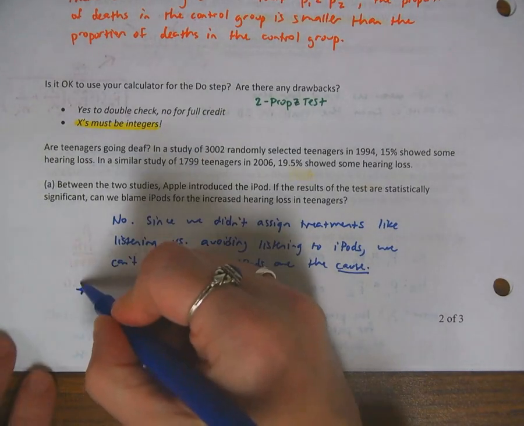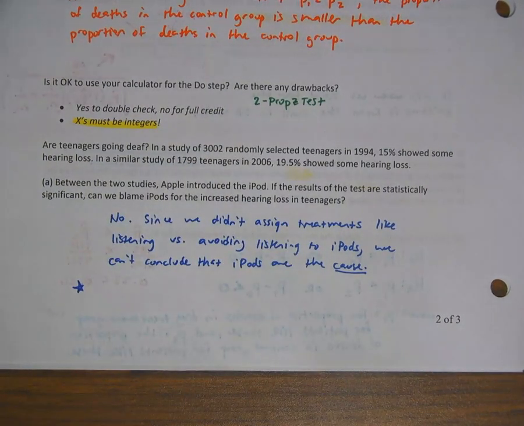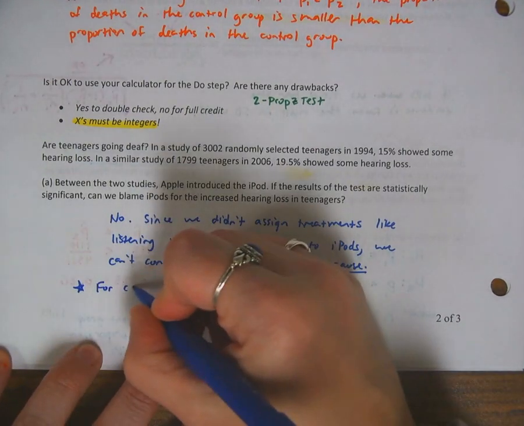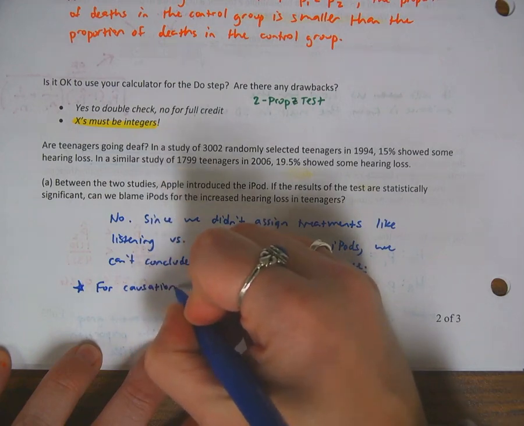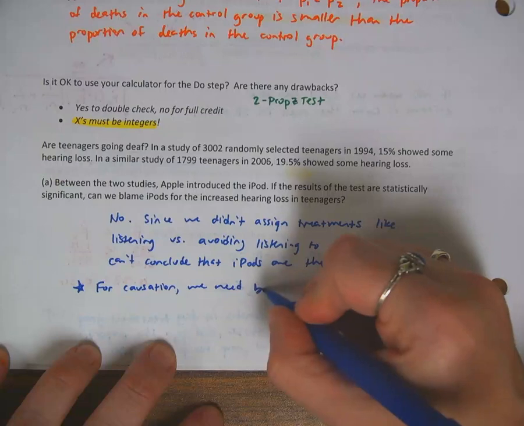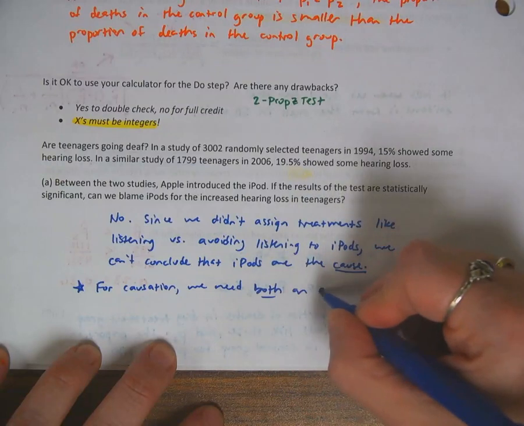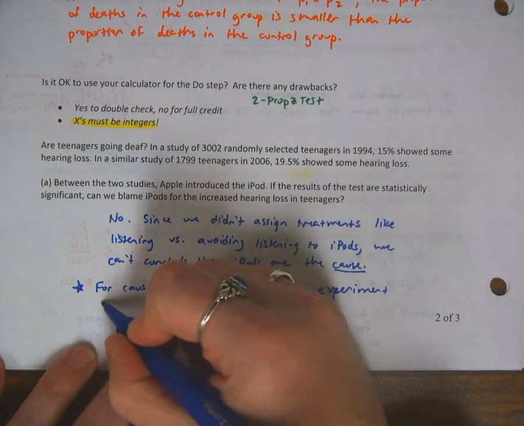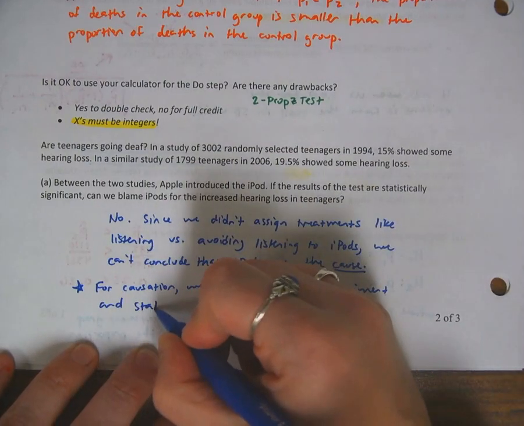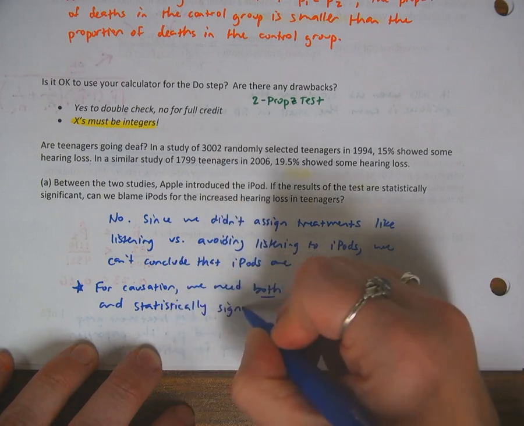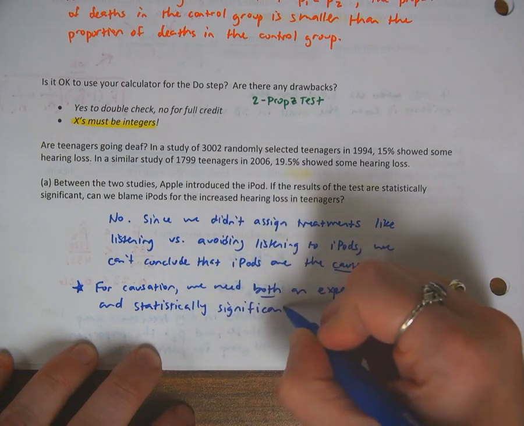So just to reiterate, for causation, we need both an experiment and statistically significant results. Both a well-designed experiment and statistically significant results.